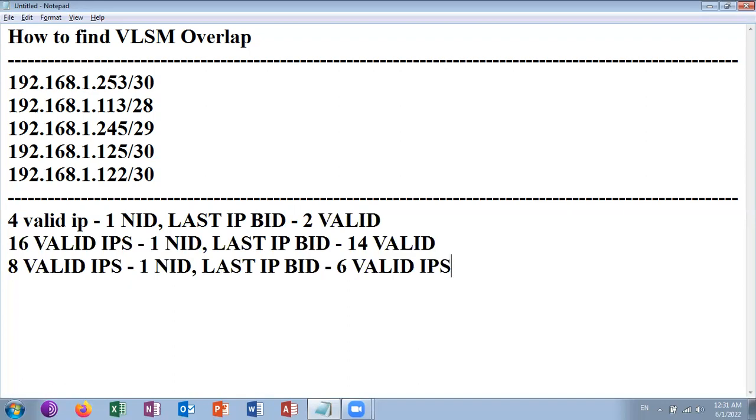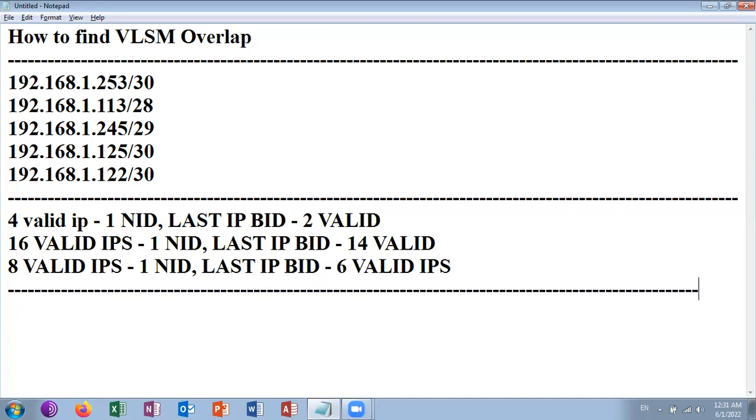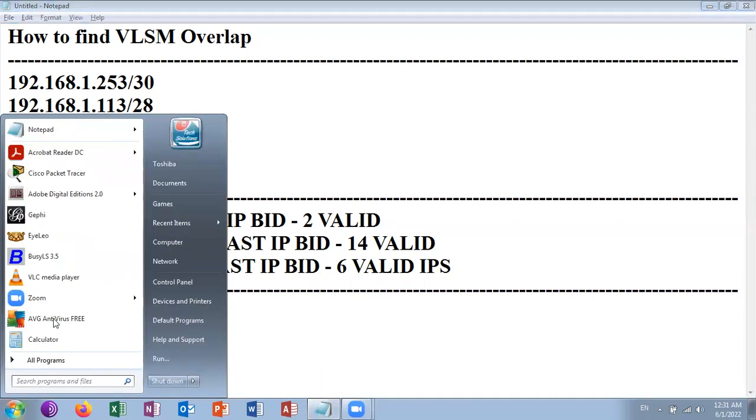Already we have defined the /30. So let's compute our network ID. As you can see, we have 192.168.1.253. To compute, you can use a calculator or binary math.